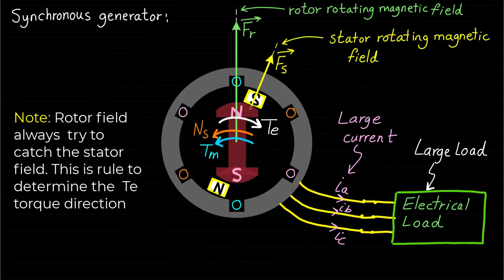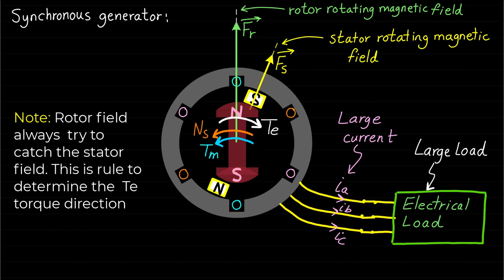Note that the torque Te is generated from the fact that the rotor and the stator rotating fields attract each other and the two magnets are trying to be aligned. So a large torque Te is developed by the machine when a large electrical load is applied. The torque Te will try to slow down the machine or rotor speed.